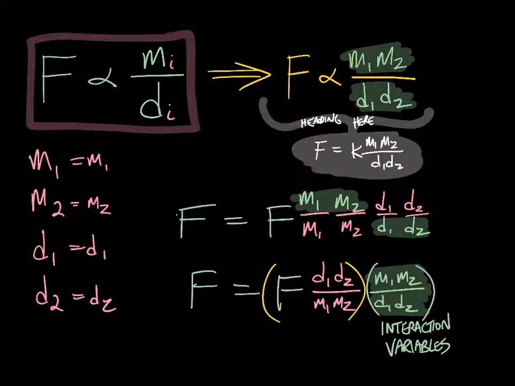Now, what to call the rest of the factors? Well, remember, everything that's on the right-hand side of this equation, even after rearranging it so that my interaction variables were collected together in a group that matched the original statement of dependency, okay, I have these other pieces, leftovers. But as a whole, they preserve the identity and force.